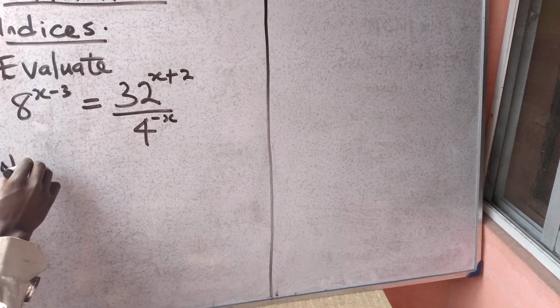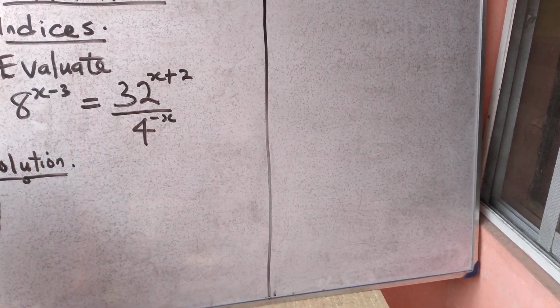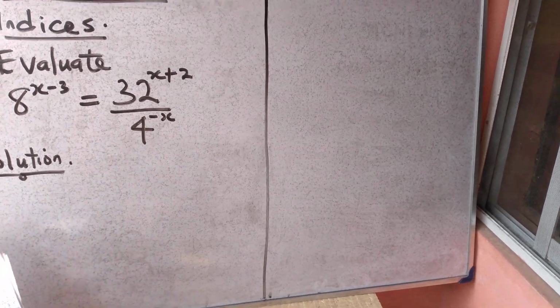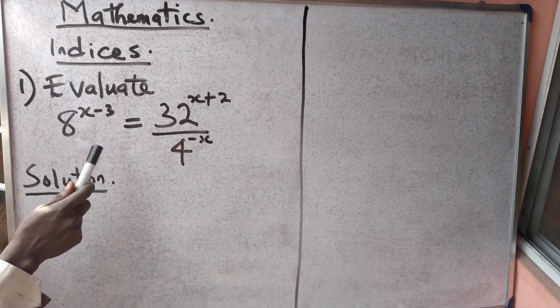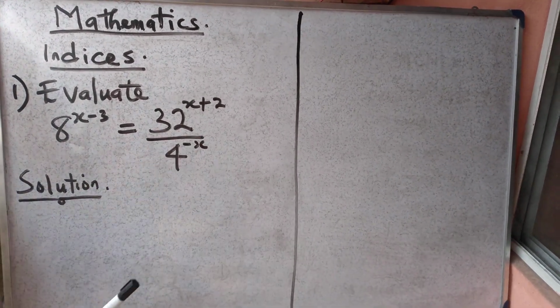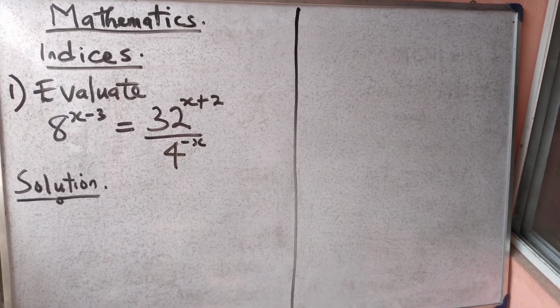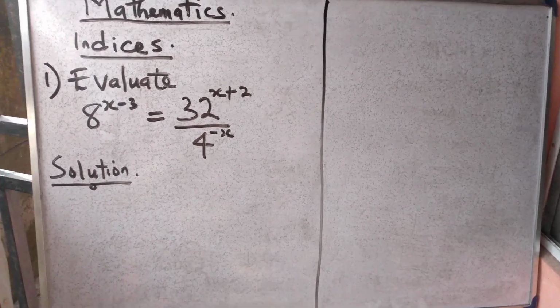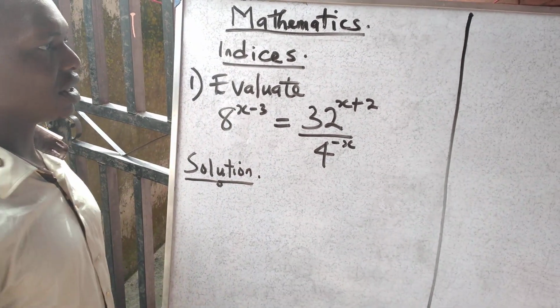Solution. We are asked to evaluate 8 raised to power x minus 3 equal to 32 raised to power x plus 2 divided by 4 raised to power minus x.